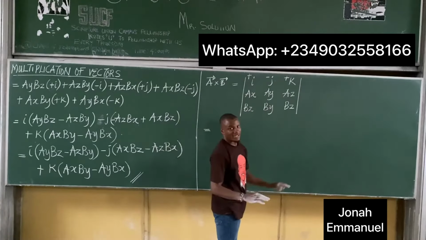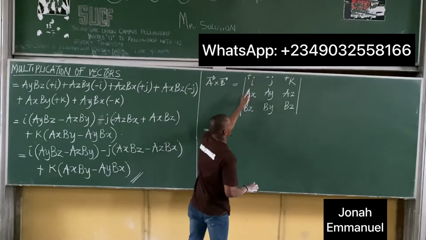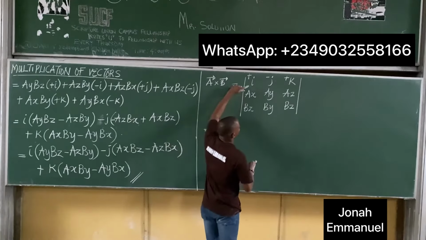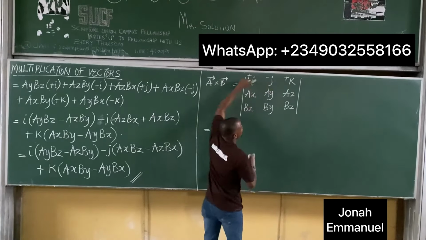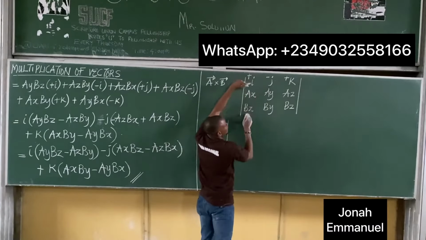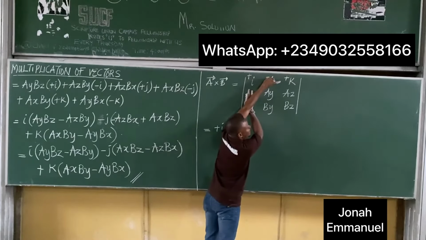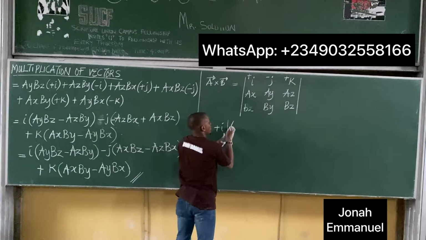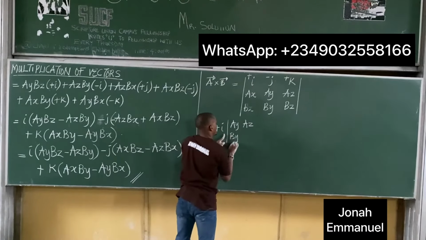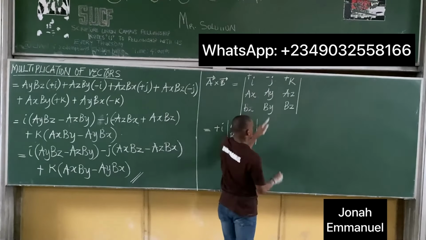Minus plus is a constant. It's always like that for any 3 by 3 matrix. Alright, so plus i into, cover the row of i, which is here, and cover the column of i, which is this, so cover here and cover here. I'm left with AY, AZ, BY, BZ. Next one, minus j.